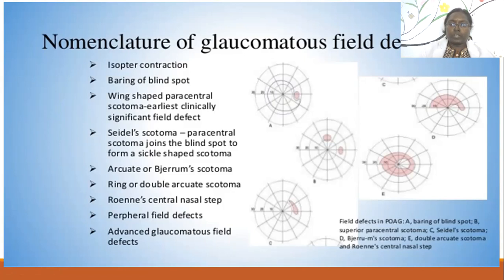Arcuate scotoma or Bjerrum's scotoma. There is a double arcuate scotoma: both the superior arcuate scotoma and the inferior arcuate scotoma are there. So it's a ring or double arcuate scotoma.